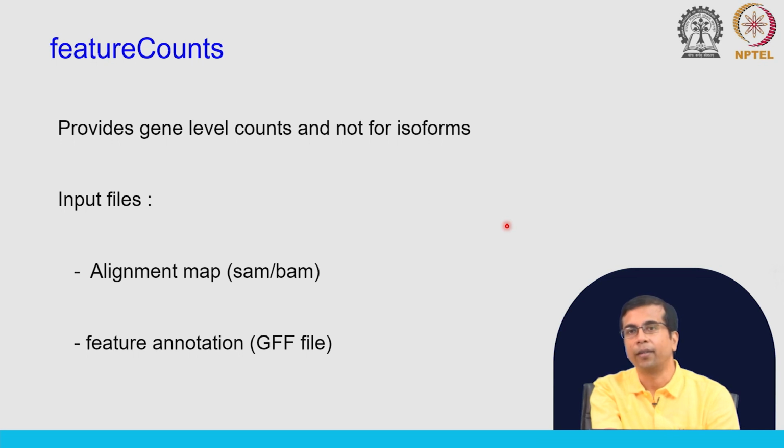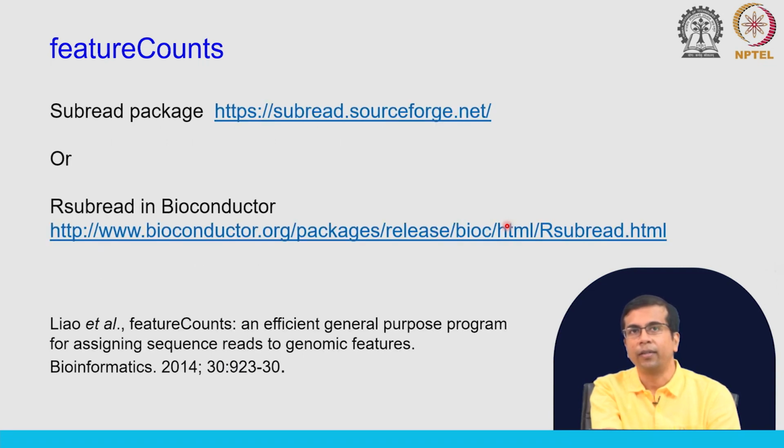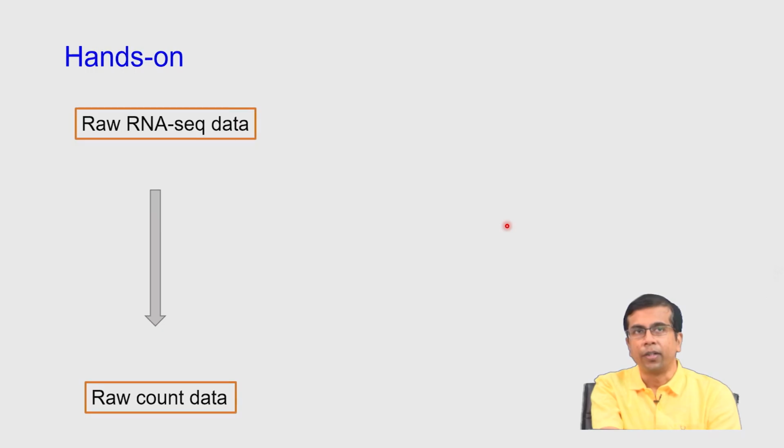Here the input files are the alignment map, SAM or BAM file, and the feature annotation file, which is the GFF file. Here is the package which you can download and use, or you can get it from R in Bioconductor. If you are not familiar with R, you can simply go with the Subread package and download and use that package.